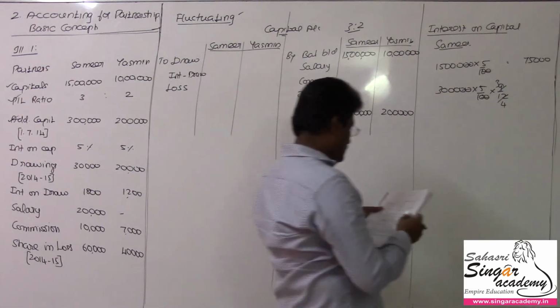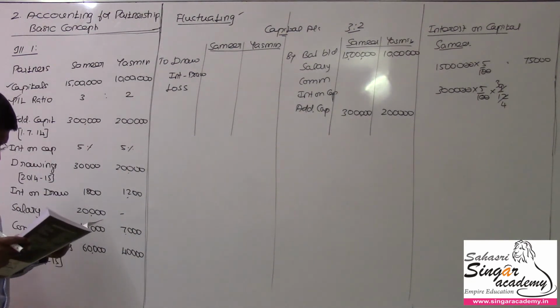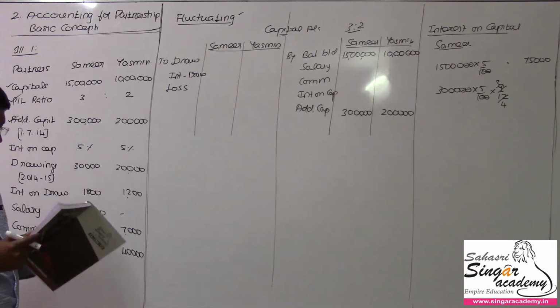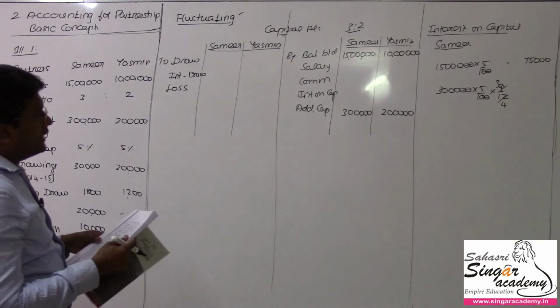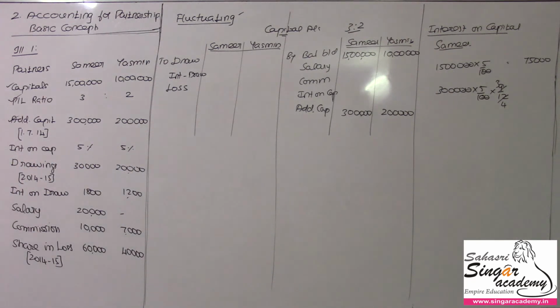So, for how many months for the 3 lakhs? It was introduced on 1st July. Year ends on 31st March. July, August, September, October, November, December, and another 3 months. So we have 9 months here, rate of interest being 5%.